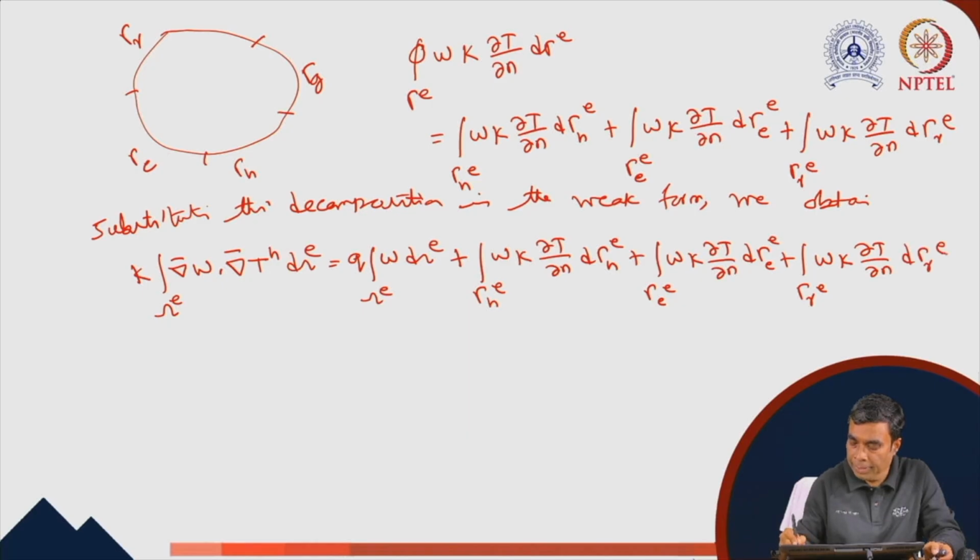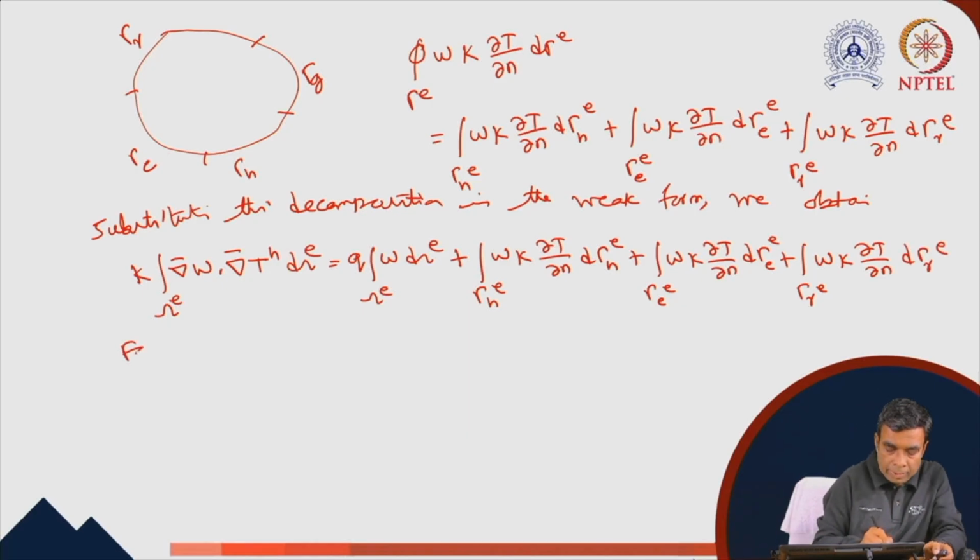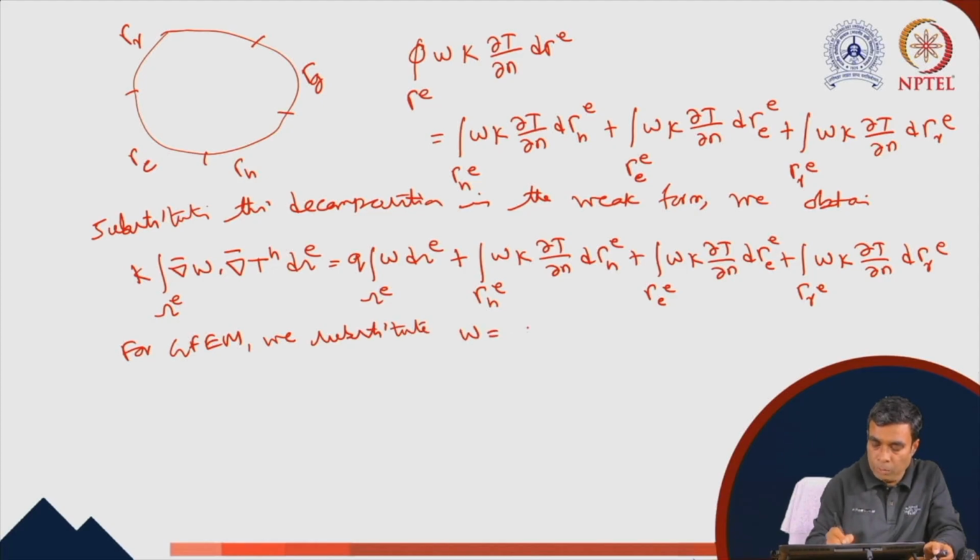d gamma radiation E. Now for GFEM, we substitute W equals psi IE.